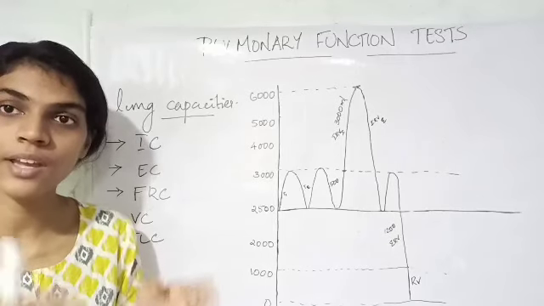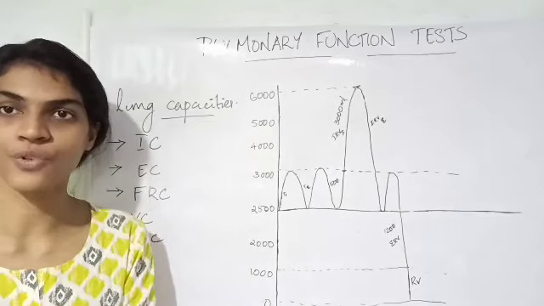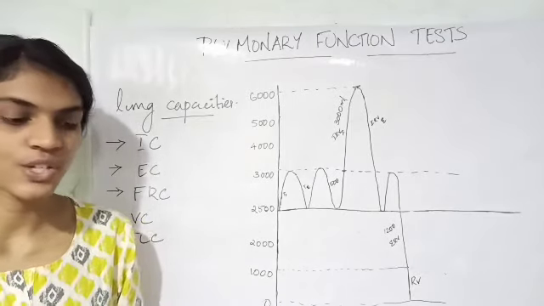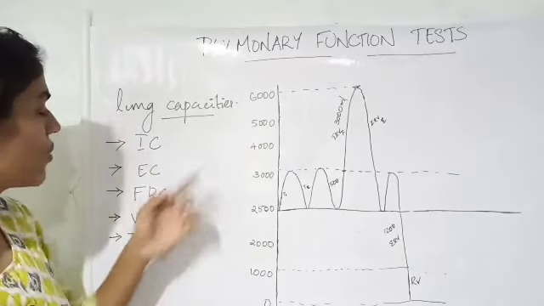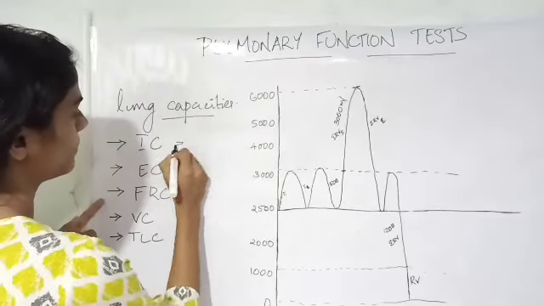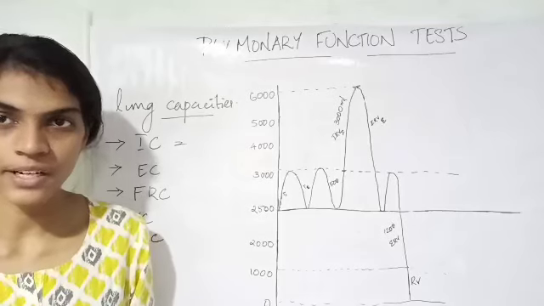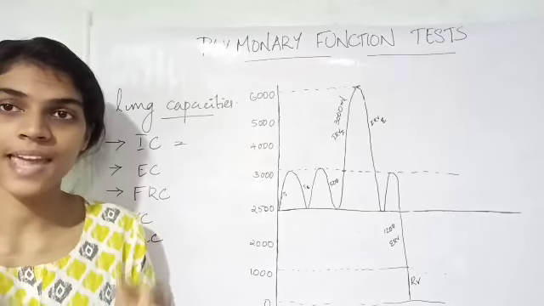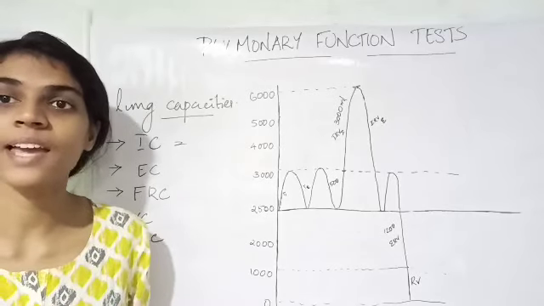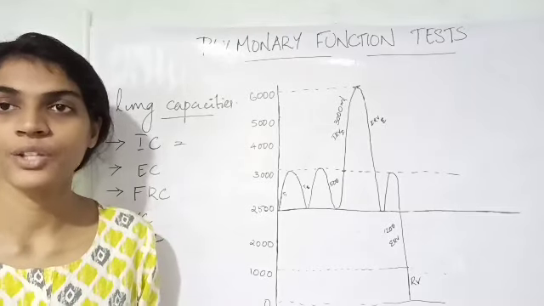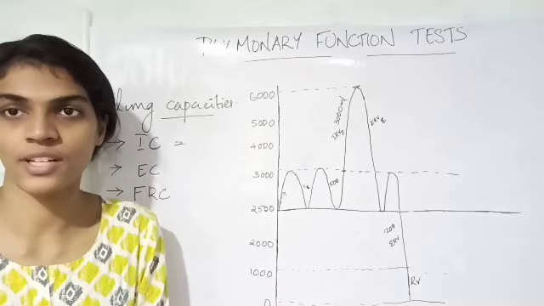So it will include normal plus forceful, right? How can we calculate inspiratory capacity? Let me give you the definition: inspiratory capacity is the amount of air that can be inspired through a forceful respiration.